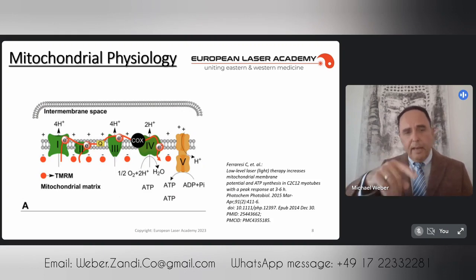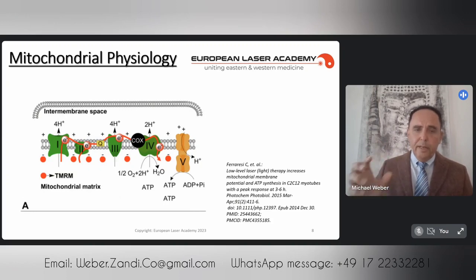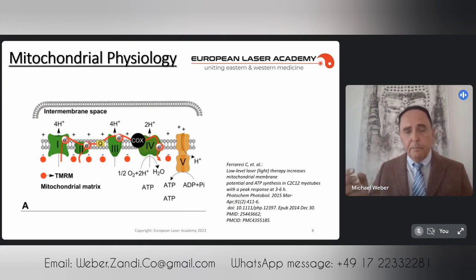We see we have a flow of electrons on the membrane space, and in the end, we have the production of ATP. So what happens if we irradiate the tissue? Here I picked up a publication from 2015 where they measured not only the ATP production, but at the same time the membrane potential.